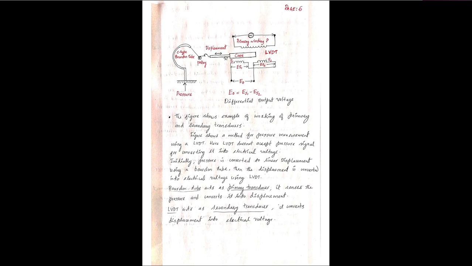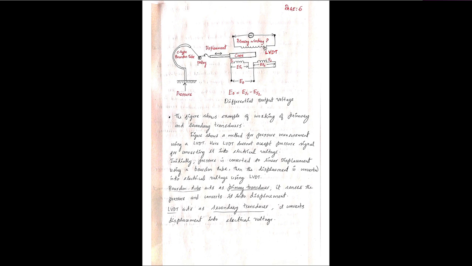Here you can see the Bourdon tube is the primary transducer. The pressure applied here is converted into mechanical displacement. That is the primary transducer, and here you can see the LVDT as the secondary transducer. The displacement output of the primary transducer comes as input to this LVDT.